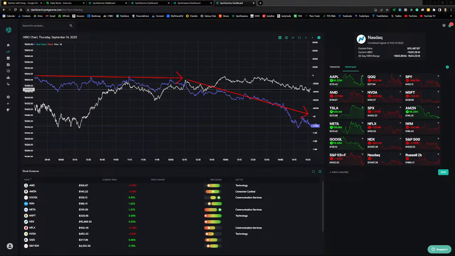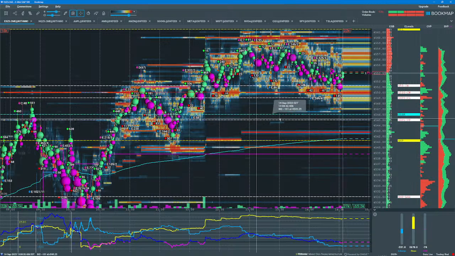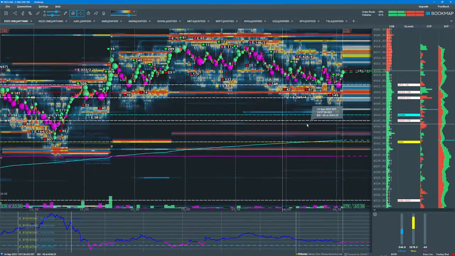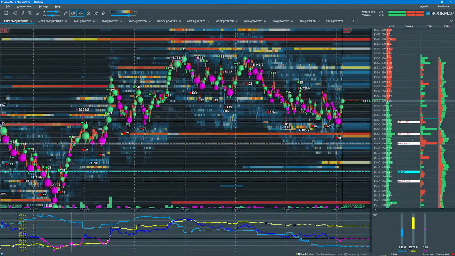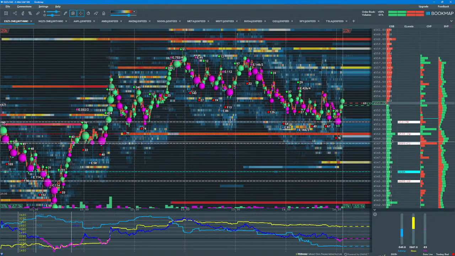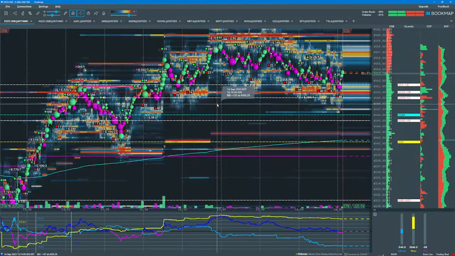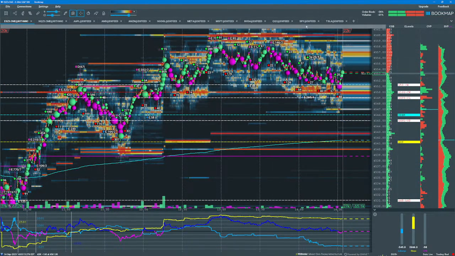All right, let's take one last look at Bookmap at S&P 500 and Nasdaq, and then we'll wrap it up. It looks like now the 450 level, the SPY 450 call wall, may be acting as support. And let's take a look at Nasdaq.